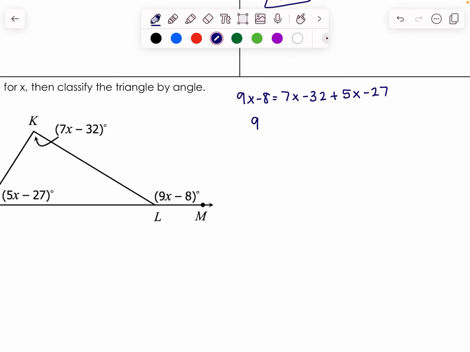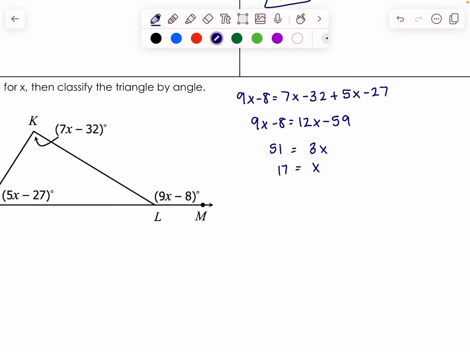All right, so I'm going to simplify on the right, so just combine my like terms. So I get 12x minus 59. Okay, I'm going to move the 9x over, so I get 3x. And then I add 59 and I get 51. So x is going to be 17.